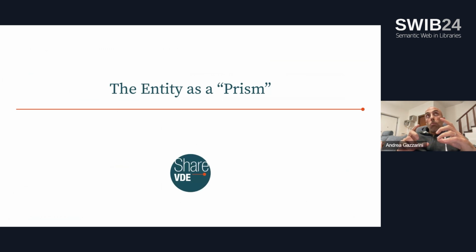So we described the big picture, the overview of how the Share-VDE knowledge base is created, then how data is organized in terms of entities within it, and then what about the single entity? We call it a prism.